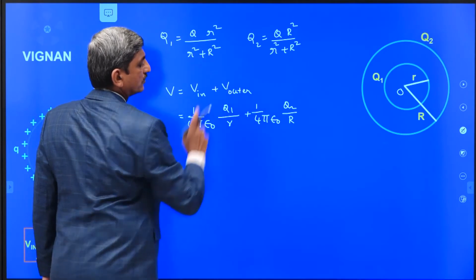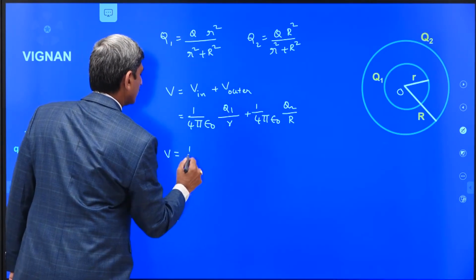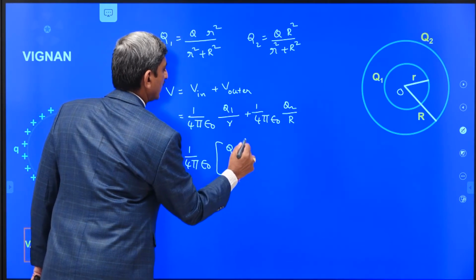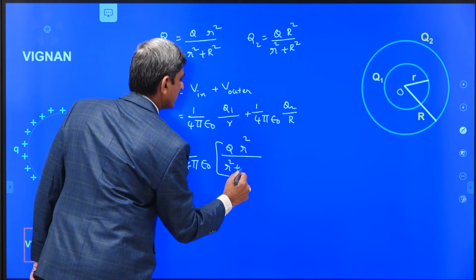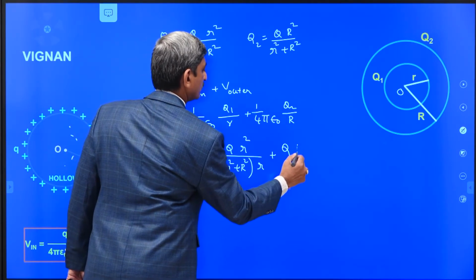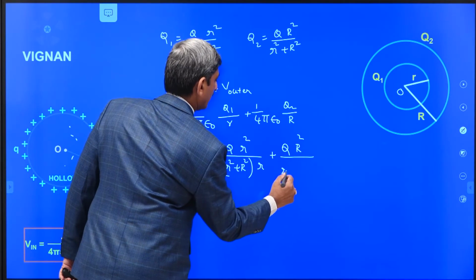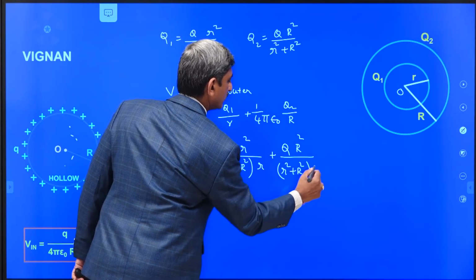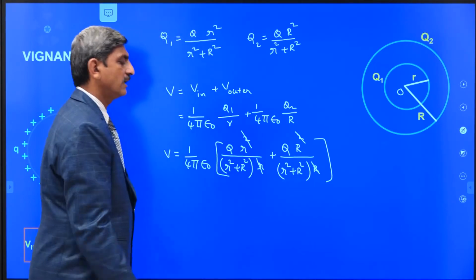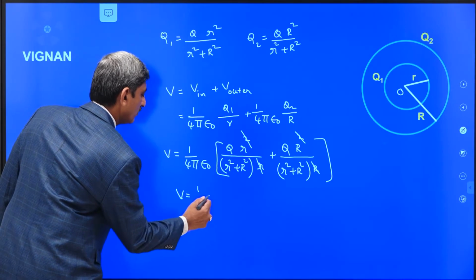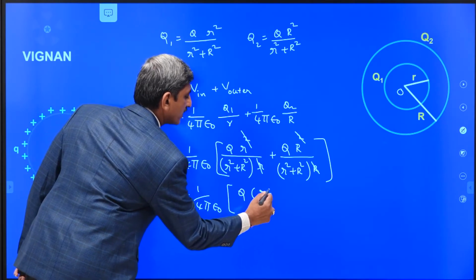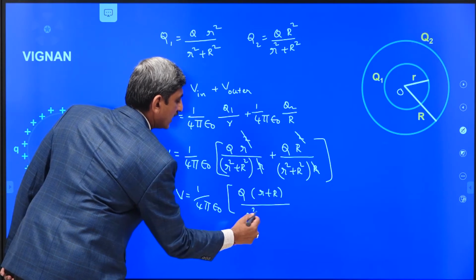Now substitute the Q1 value and Q2 value, then we get V is equal to, taking 1 by 4 pi epsilon naught as common, 1 by 4 pi epsilon naught times Q r square by r square plus R square into r, plus Q R square by r square plus R square into capital R. This square r cancelled, this square and this R are also cancelled, and the equation becomes V is equal to 1 by 4 pi epsilon naught times Q times small r plus capital R divided by r square plus R square.